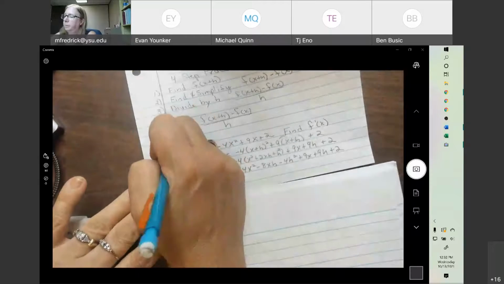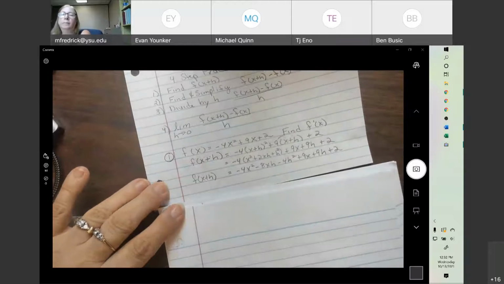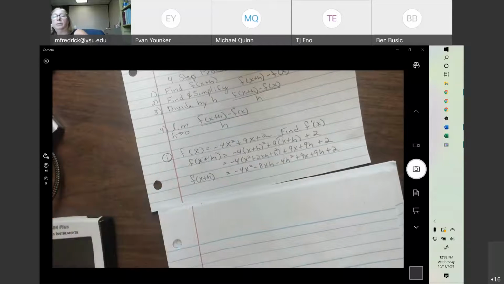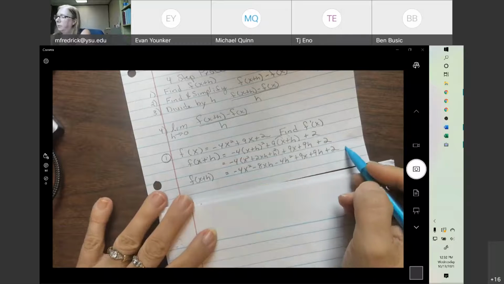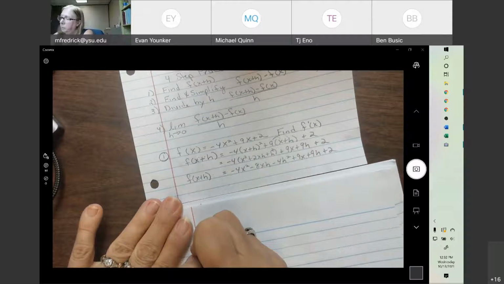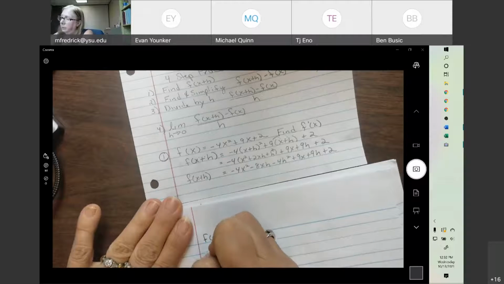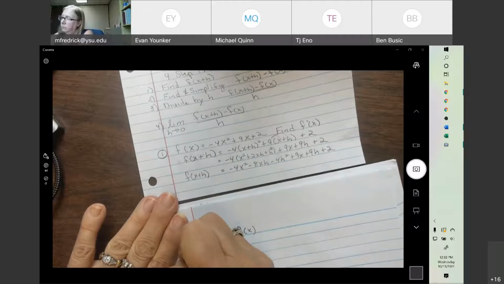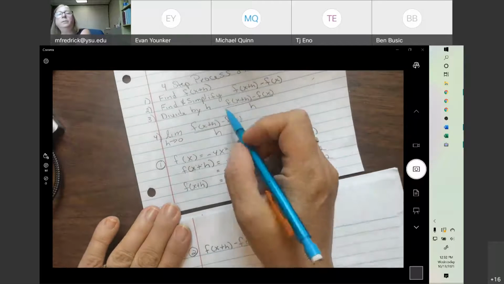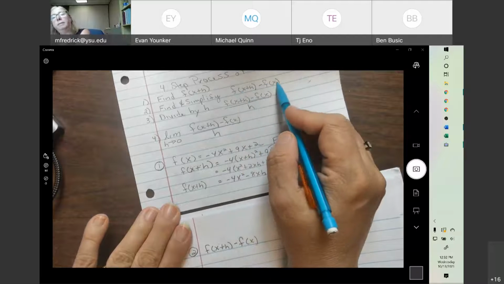That's step 1. Now step 2, you want to take this, and you could squeeze it in here. I just didn't leave enough space. You want to take that answer and subtract the regular function. Step 2 was f of x plus h minus f of x.